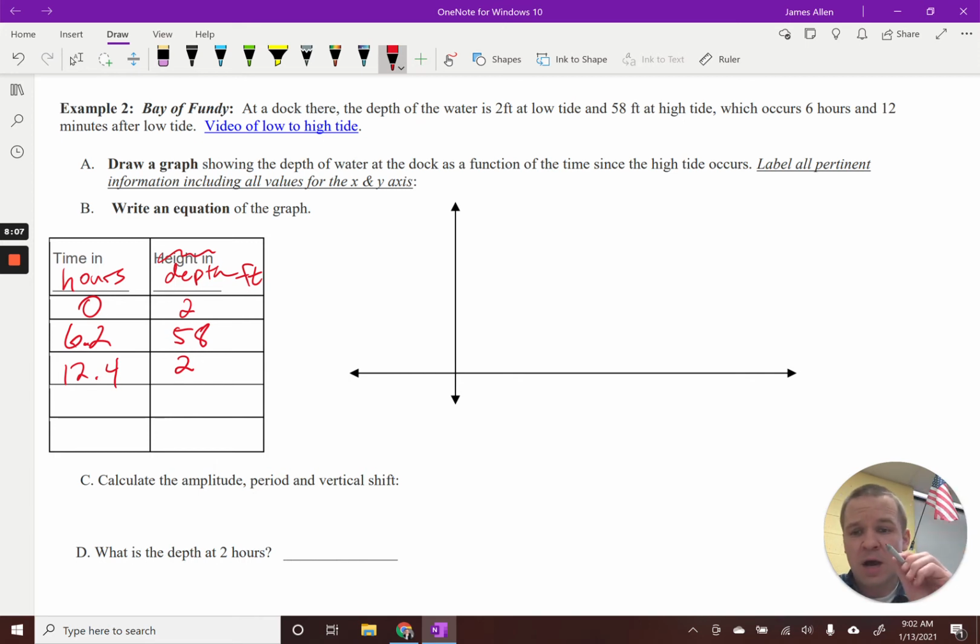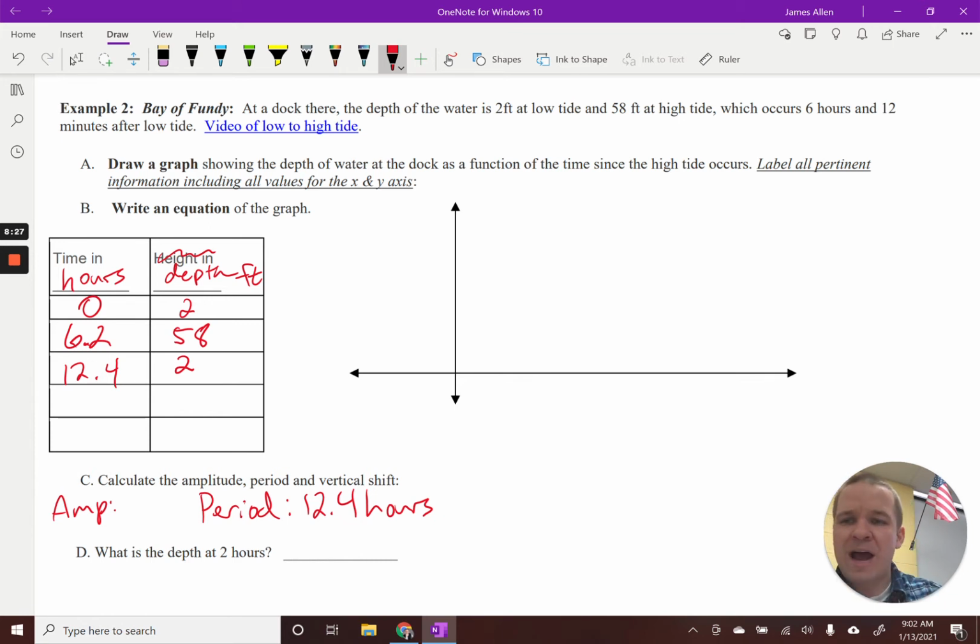So it looks like when it's asking us in the next part for amplitude, period, and vertical shift, I'll leave our amplitude for now, but our period we appear to have figured out: 12.4 hours. Awesome. And then our vertical shift, we'll still need to figure that out as well.